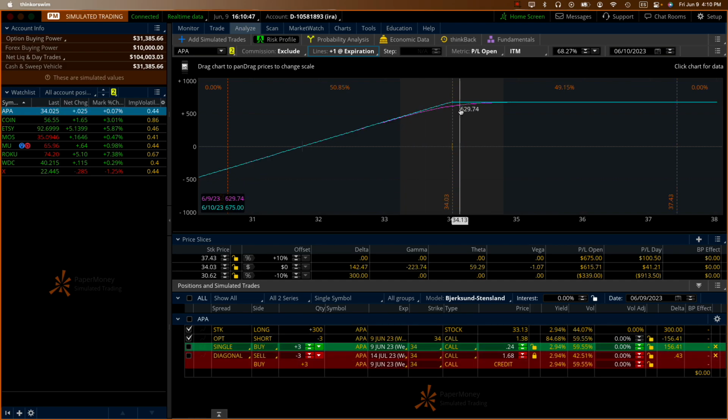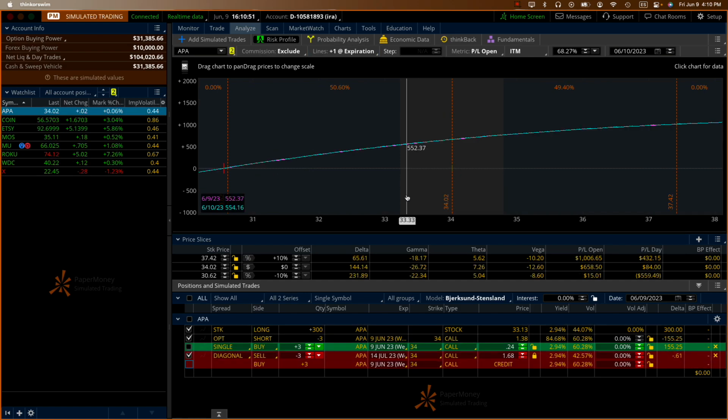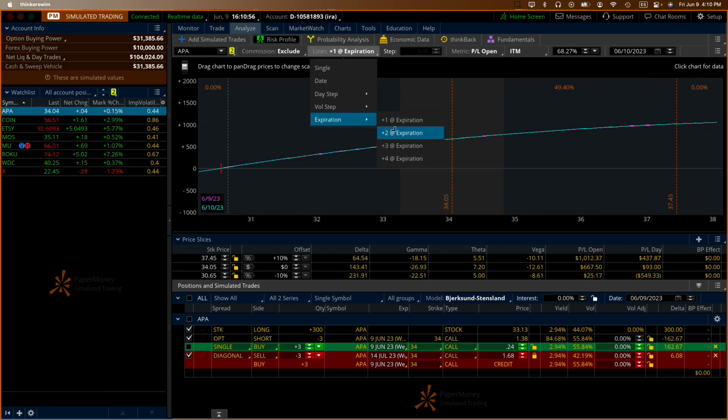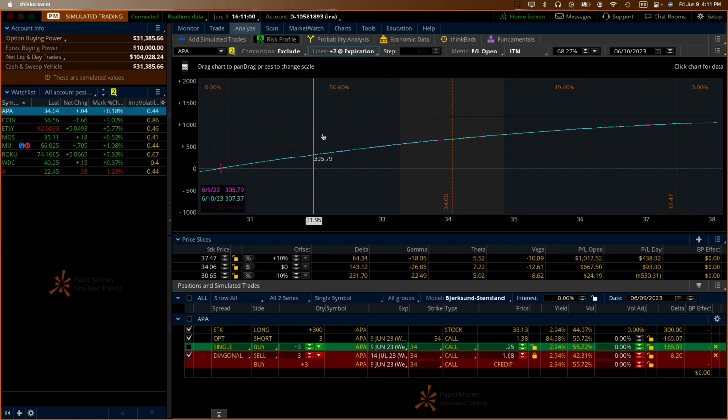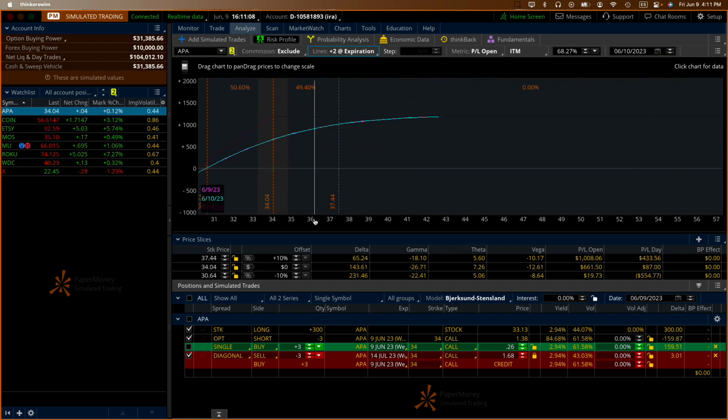Okay. What if I did this rollover? Normally when you show 2 to expiration, it will show you a third line, which will be at the expiration in July. It's not showing me that. But I can scroll over here, and this will be how much I'm getting. 1,174.